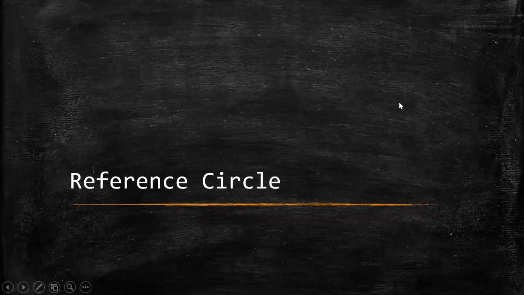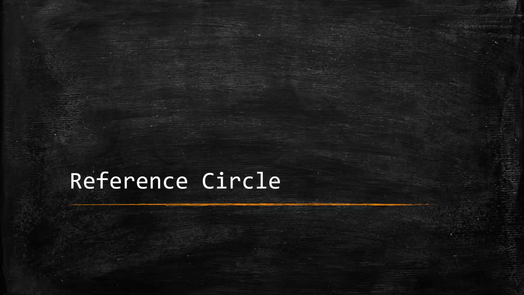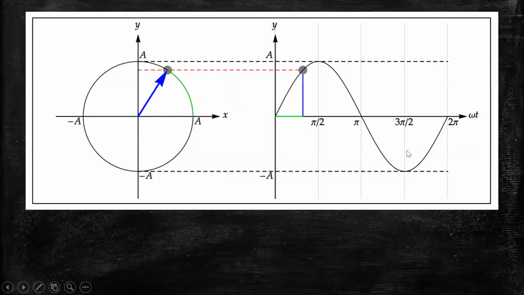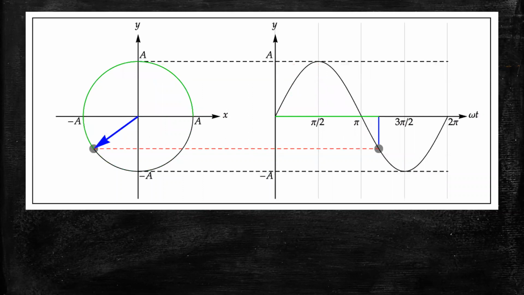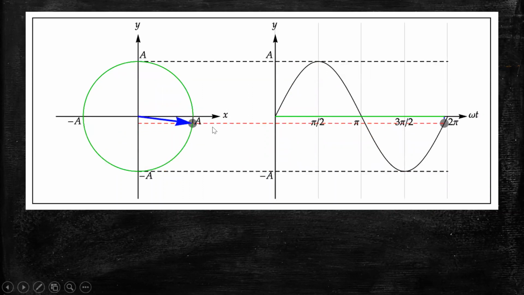Reference circle. Simple harmonic motion can be described in terms of displacement, velocity, and acceleration. So we can observe with this figure that a sinusoidal motion follows a uniform circular motion.